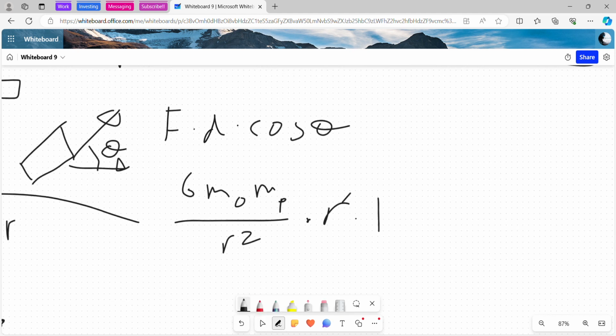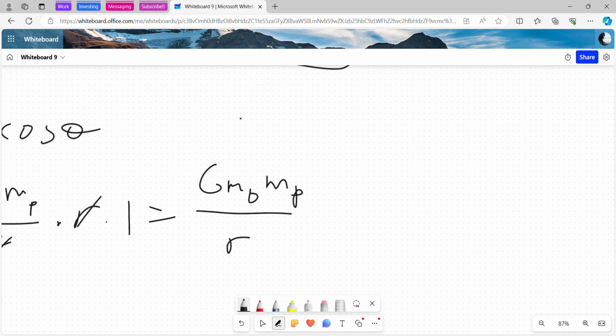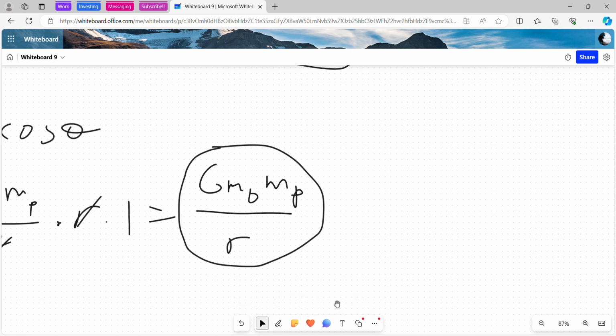So then we can basically cancel the r's here, and this equals G Mo Mp divided by r. All right, so this is our gravitational potential energy, and this works for anything basically.